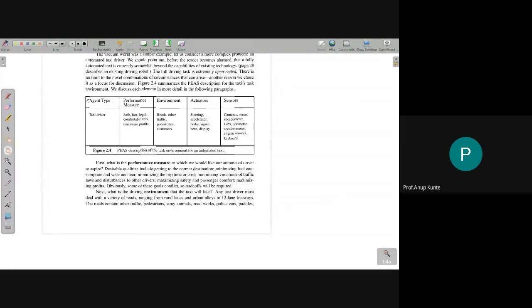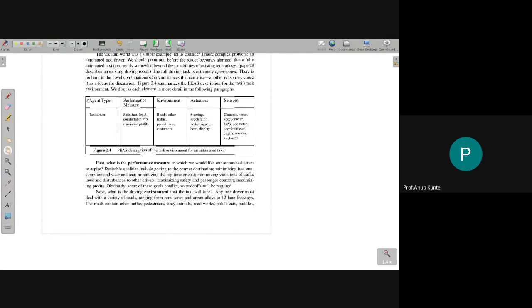Then the actuators would mean how you impart yourself on the environment: the steering wheel, the accelerator, the brake, the signals that the taxi has, the honk or horn, and also the display that the taxi shows to the customer. All these are kind of actuators.